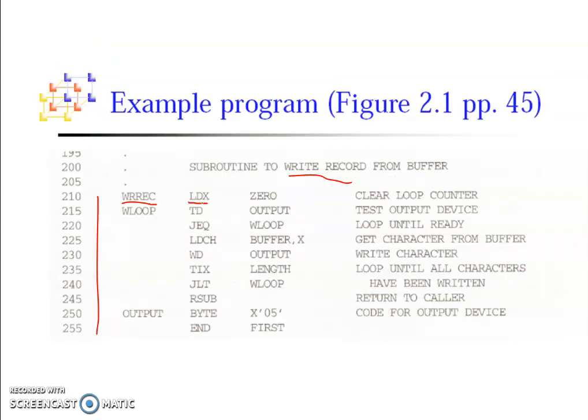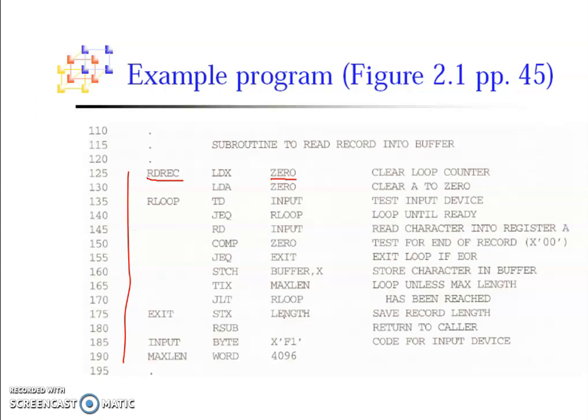So in that LDX 0, it fetches the data from the F1 and LDA 0, that is storing the value 0 to the accumulator.